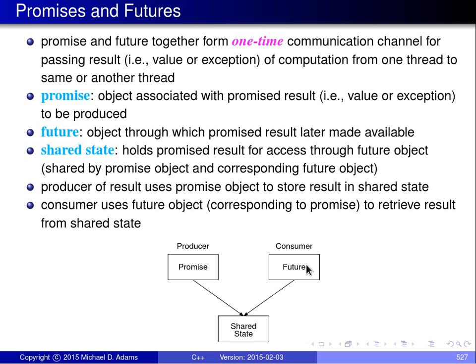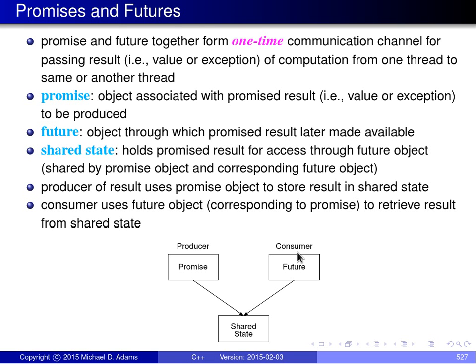It will access the future object that it has and try to read this result from the future object. And what this will do is when the consumer thread tries to read the result from the future object, underneath, hidden inside its implementation, it will access the shared state, read the value out of the shared state, and give it back to the caller.